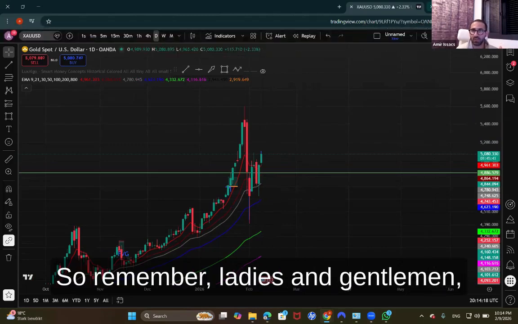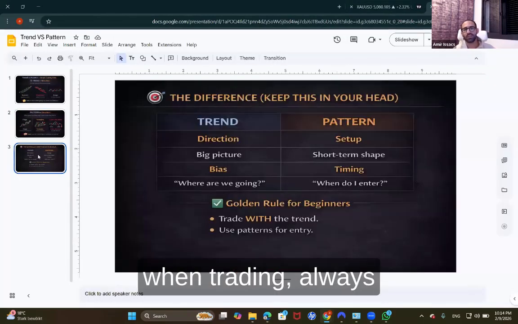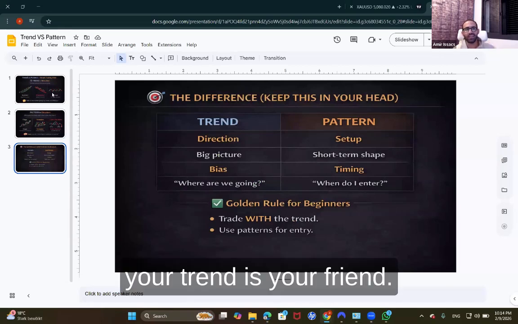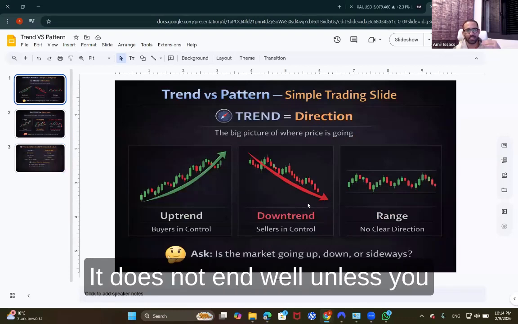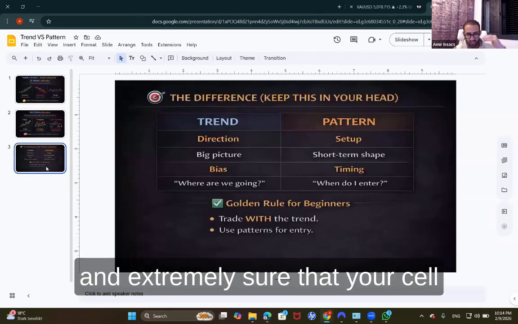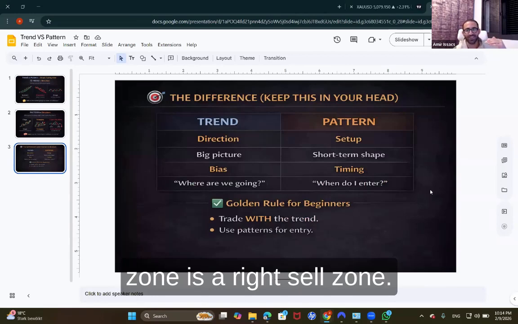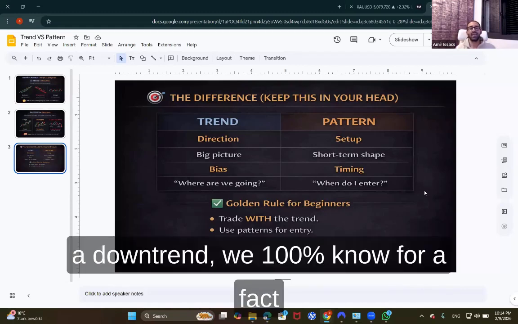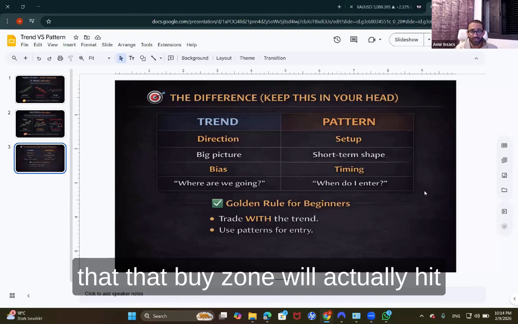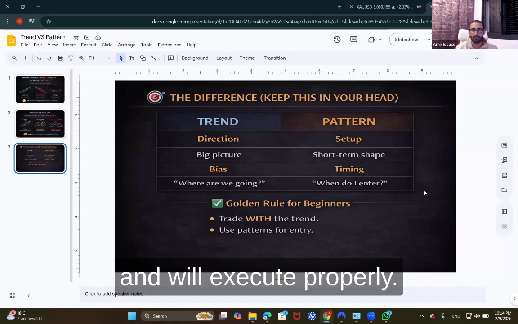So remember, ladies and gentlemen, when trading, always your trend is your friend. Do not go against your trend. It does not end well unless you're extremely experienced and extremely sure that your sell zone is the right sell zone. If we're talking about an uptrend, and if we're talking about a downtrend, we 100% know for a fact that that buy zone will actually hit and will execute properly.